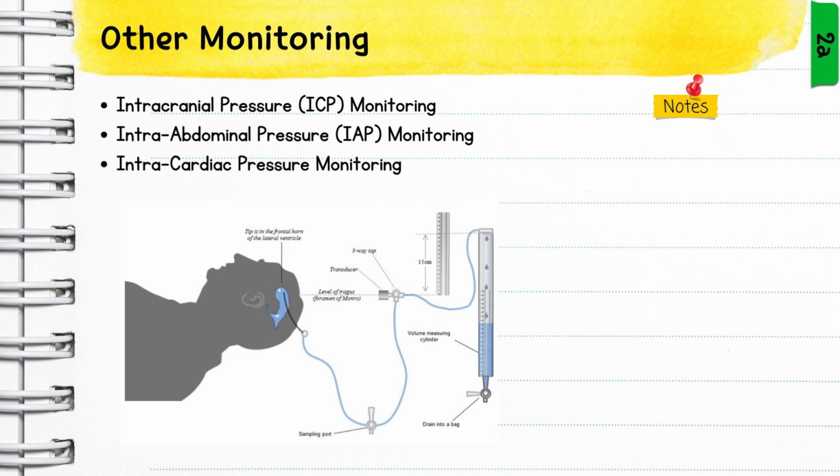Anyways, intra-abdominal pressure monitoring is the pressure inside the abdominal cavity, and it helps us detect and prevent serious complications, including abdominal compartment syndrome, which can be seen in trauma or post-surgical patients. The intracardiac pressure monitoring is used during procedures like a cardiac cath.